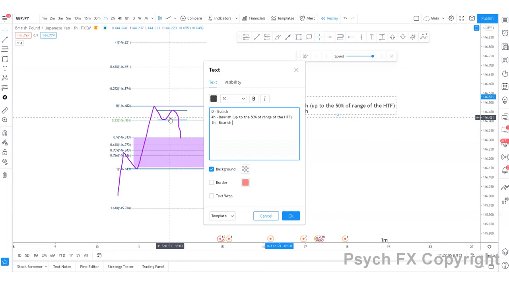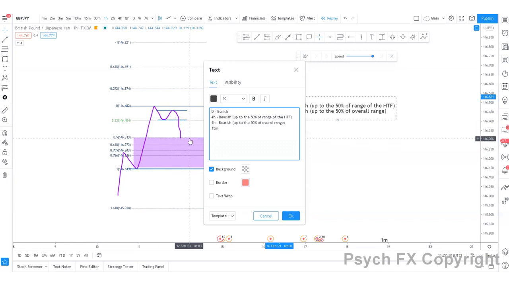Okay. So the 1-hour is bearish in this case, again, up to the 50% overall range. And long story short, when we get below the 50%, we're looking for our lower time frame.